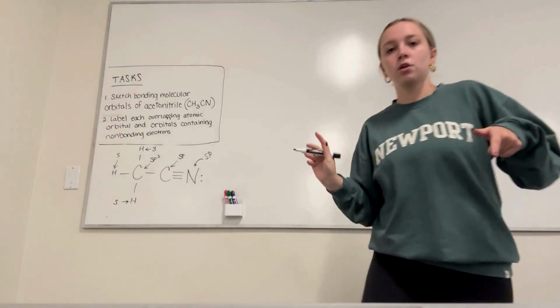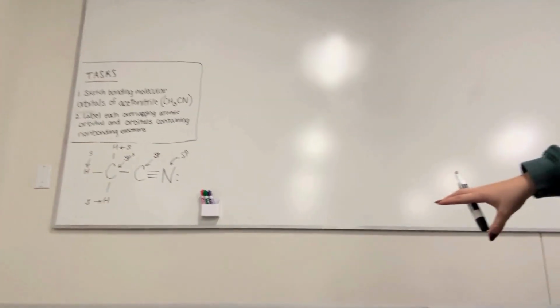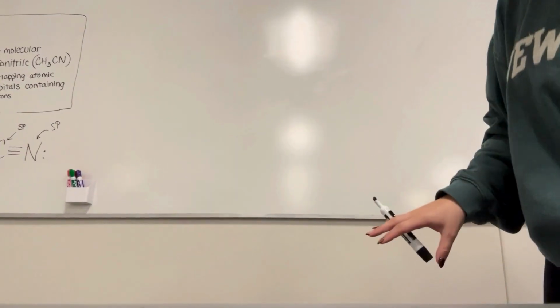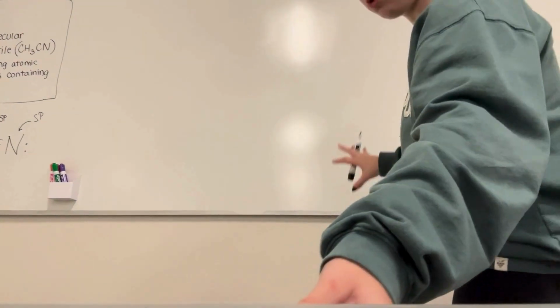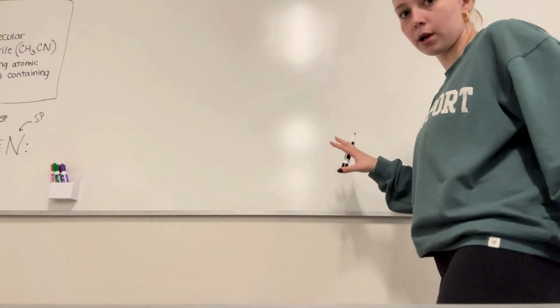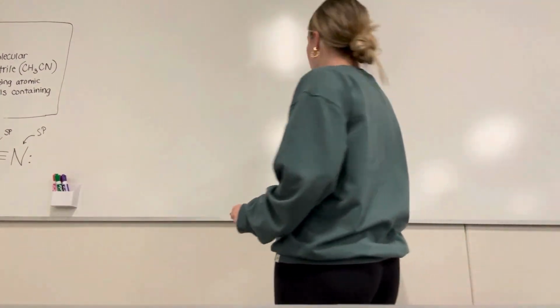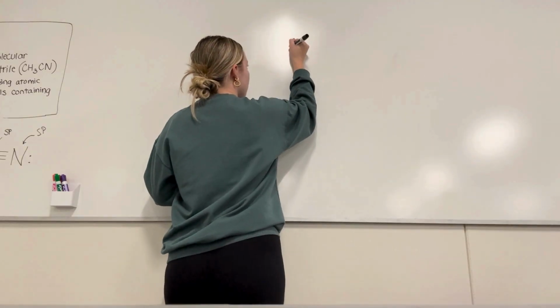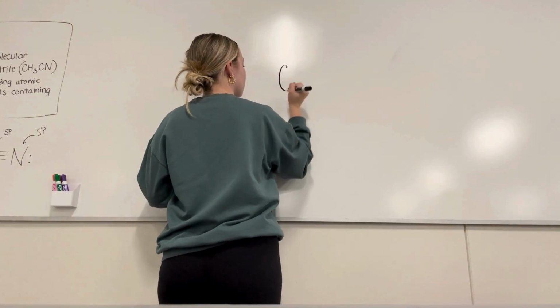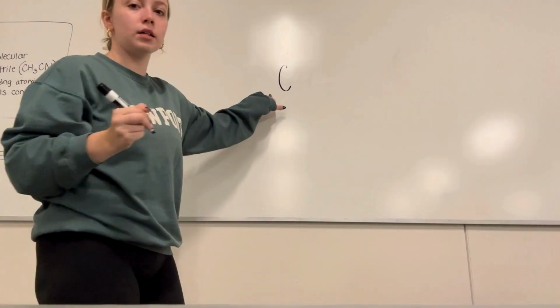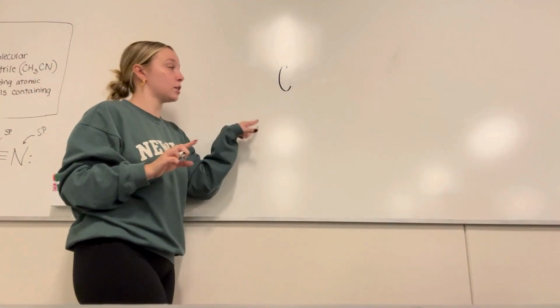Okay, so now with all that information we have, I am going to draw it out. I just wanted to move it closer so you could see it better. We're going to start with the first carbon, and like I said over there, the carbon is in the sp3.